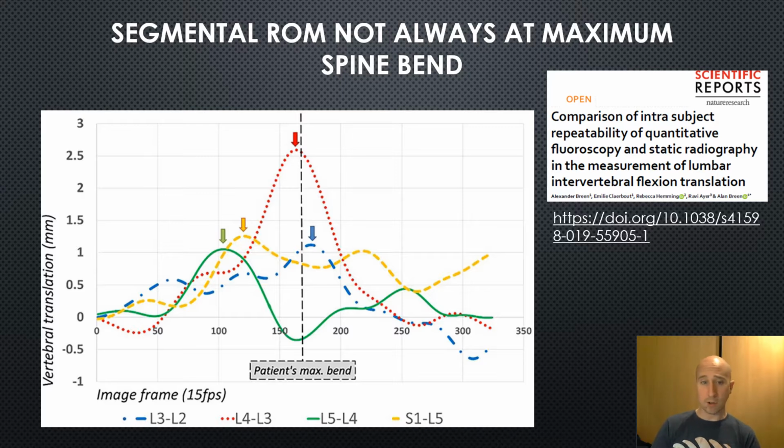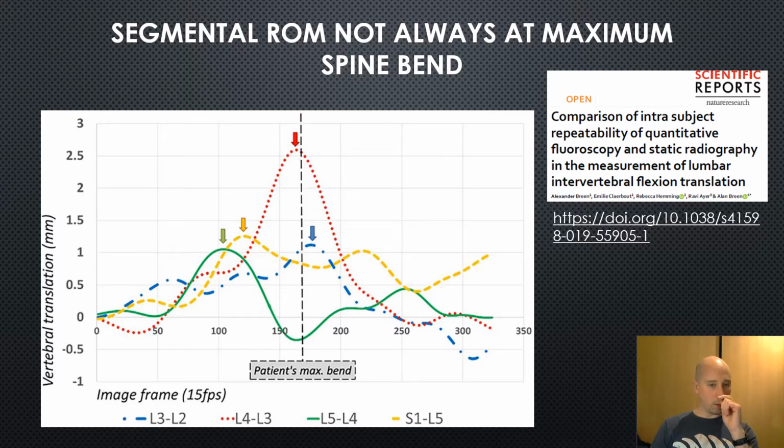You can see in this graph 2 of the 4 vertebral pairs that are measured actually maximize at the place where the patient is maximally flexed. The other 2 measures actually happen well before, and the values you would have got from a static end-range radiograph would be far less than the range of motion within the spine.